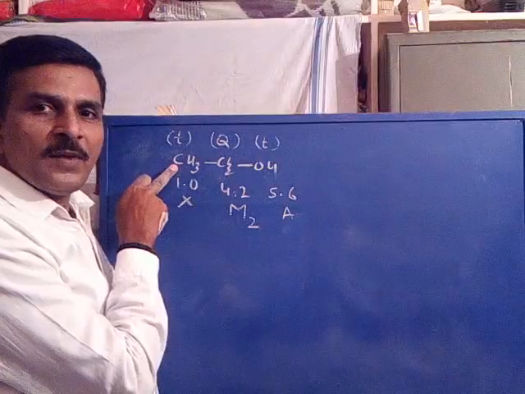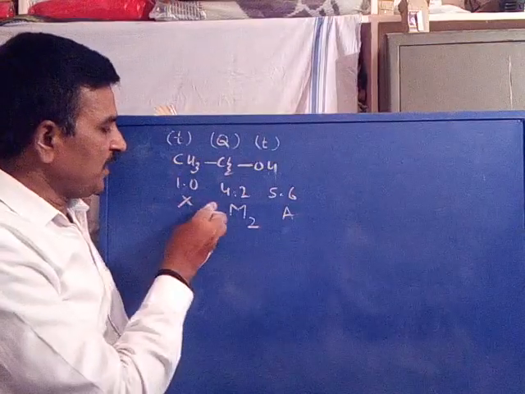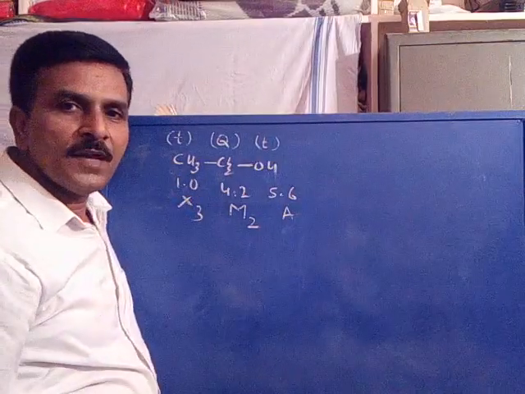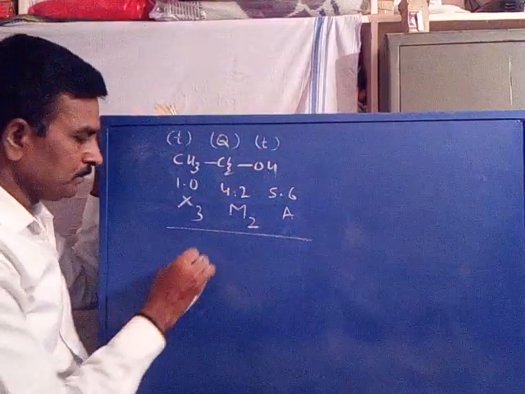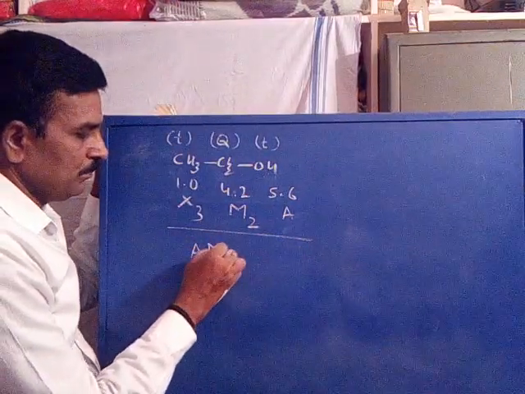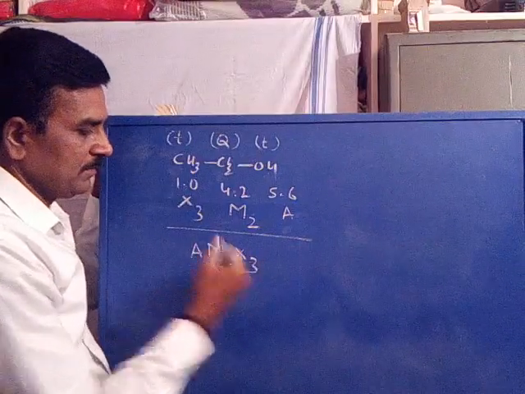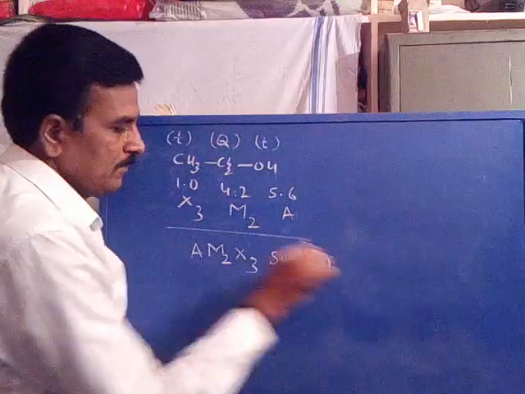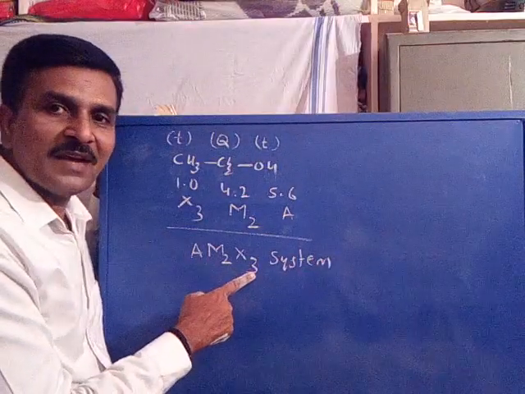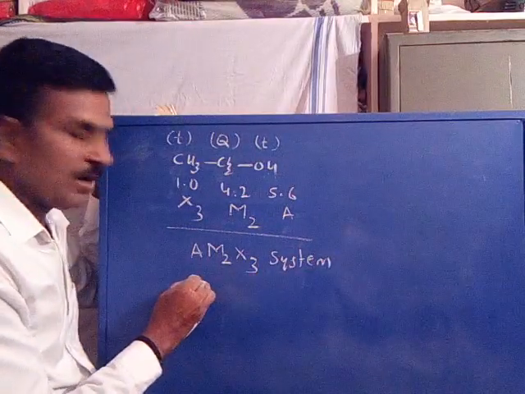The CH3 group has 3 protons, therefore X is to be designated with 3. The whole becomes an A M2 X3 system, first order.